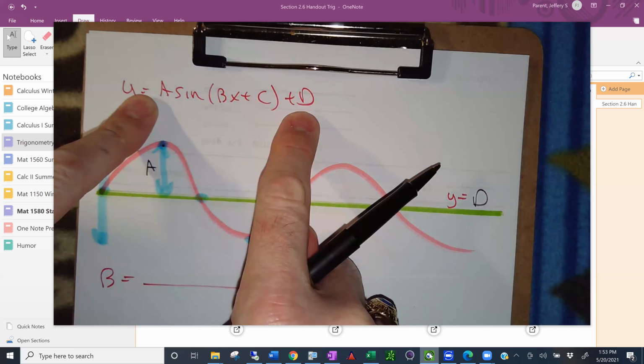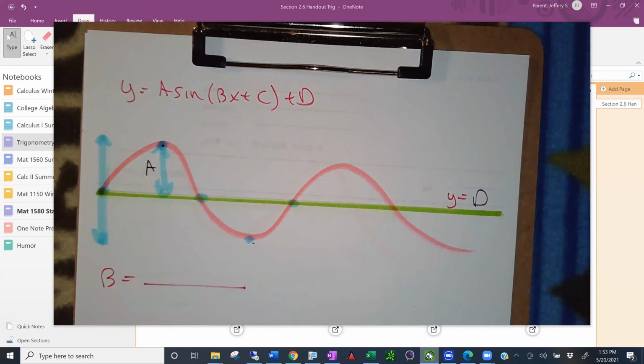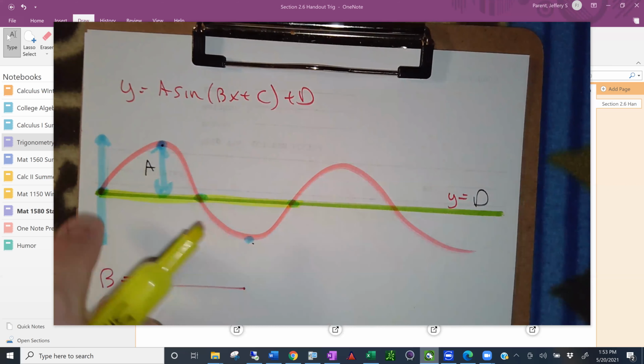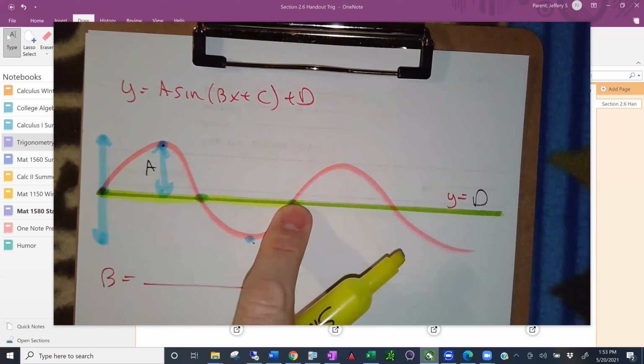Another thing we're going to need to know is the period of this graph. So the period is going to be how long it takes to get from one point to another similar point in that curve.